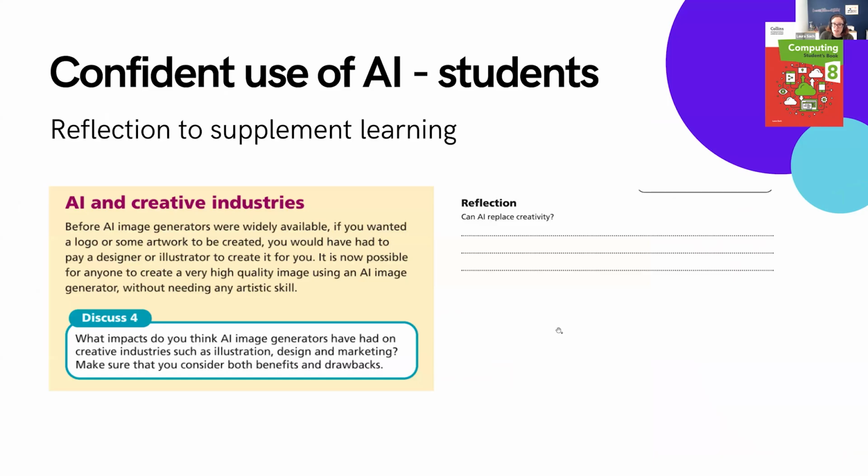And then there are activities which use reflection. So we're not just using the tools, we're actually asking the students to think about, okay, can AI replace creativity? What impacts do you think that AI image generators have had, for example, rather than just hear the thing, off you go and use it, thinking about, okay, well, should I be using this?